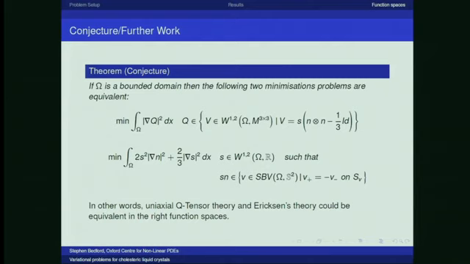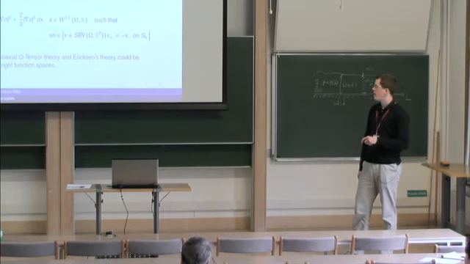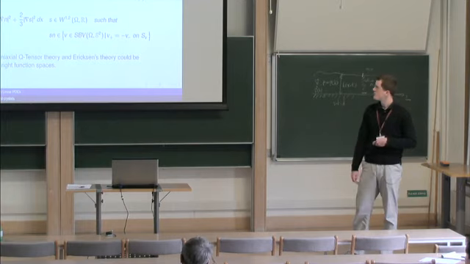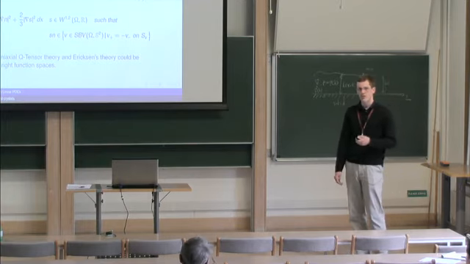How you set up your problem seems to be at least as important as all the analysis you do during your problem. In other words, uniaxial Q-tensor theory and Ericksen theory could actually be exactly the same theory in different function spaces. Okay, I haven't got a final slide, so thank you for your attention.